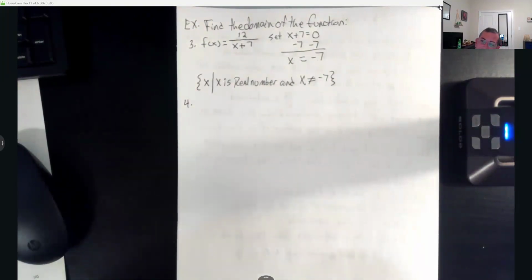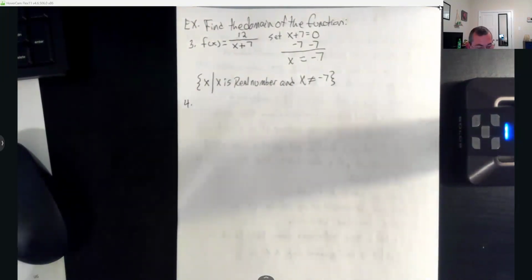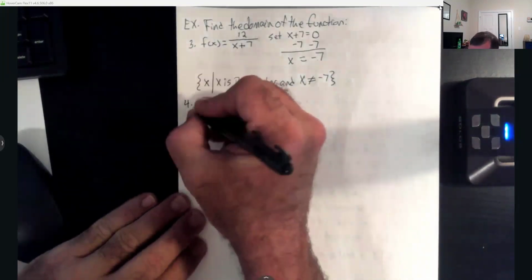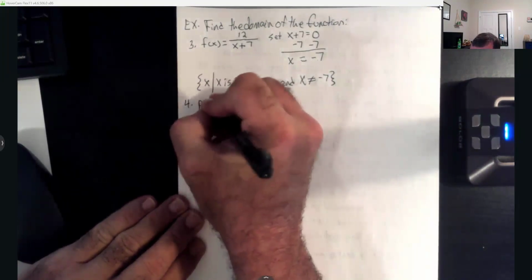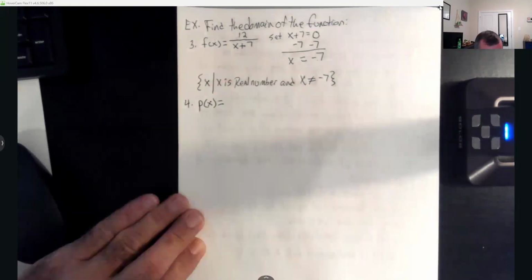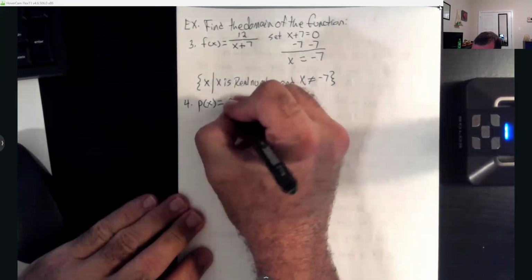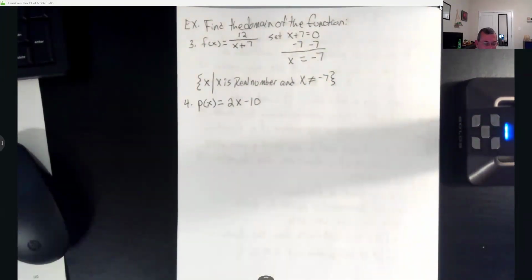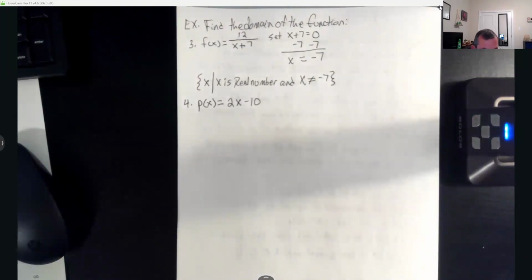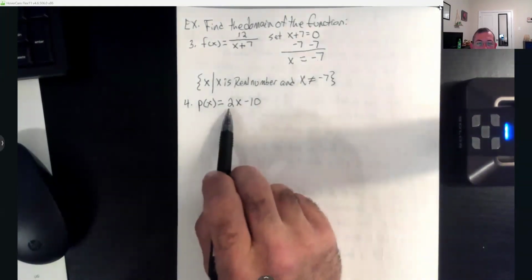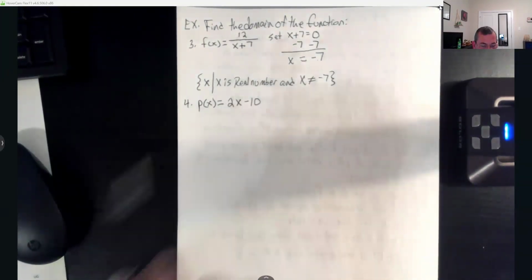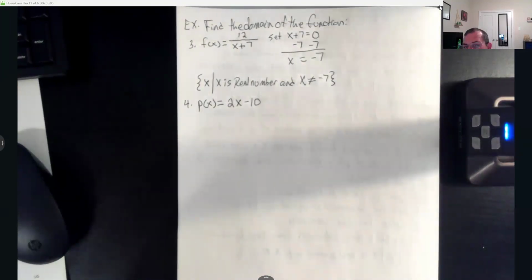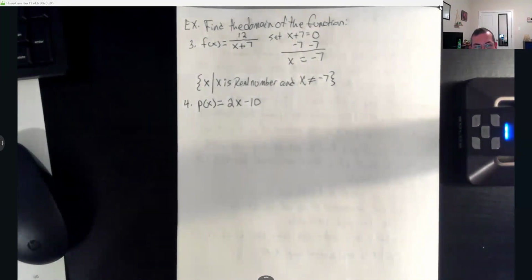All right, y'all, so I'm gonna play with this now and let y'all sort of answer some of these. So on this one, I got P of X equals 2x minus 10. So I'm looking at this one. And remember, the only thing I was worried about was a fraction.